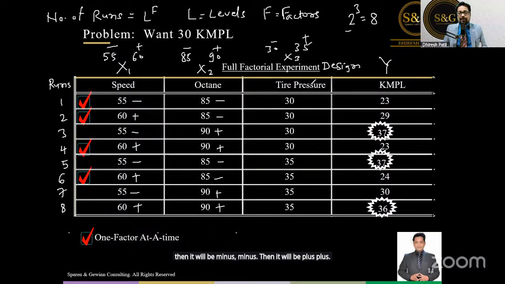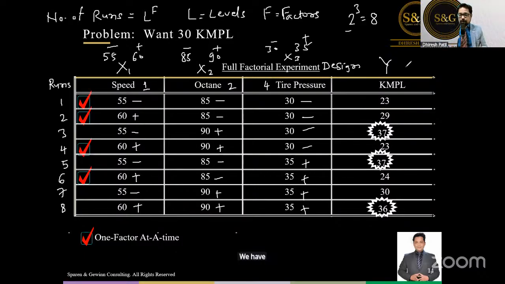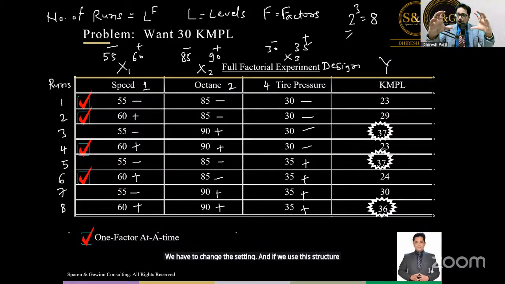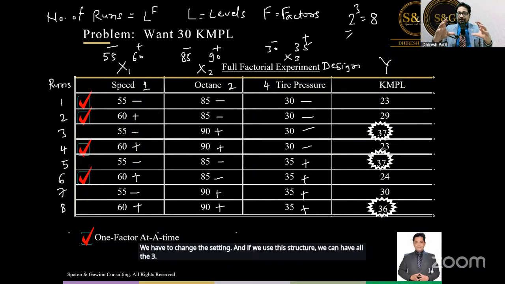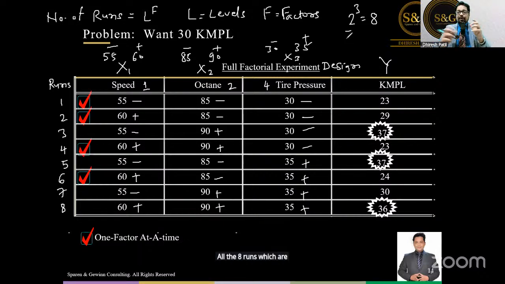Then the third one, we change after every 4 runs. For example, minus minus minus minus, plus plus plus plus. So it is very easy to remember. First one changes after every 1 run, second one after every 2, and the third one always after every 4 runs. If we use this structure, we can have all 8 runs absolutely different from each other.